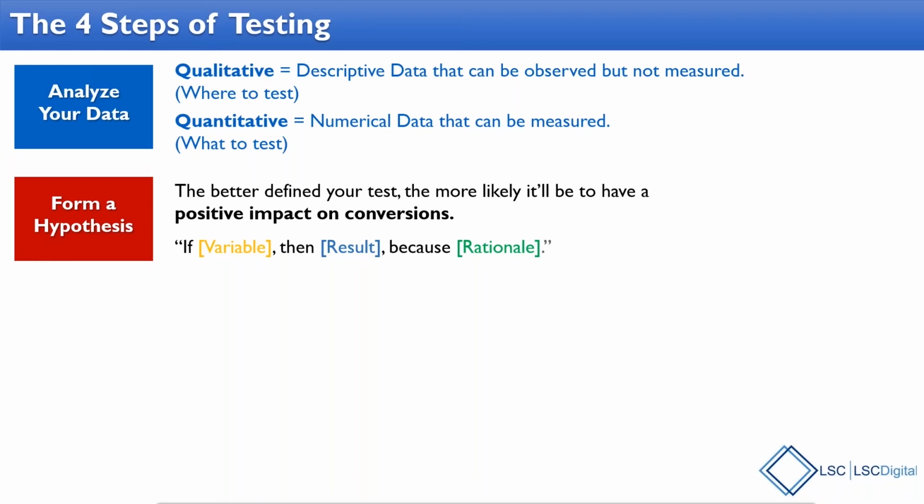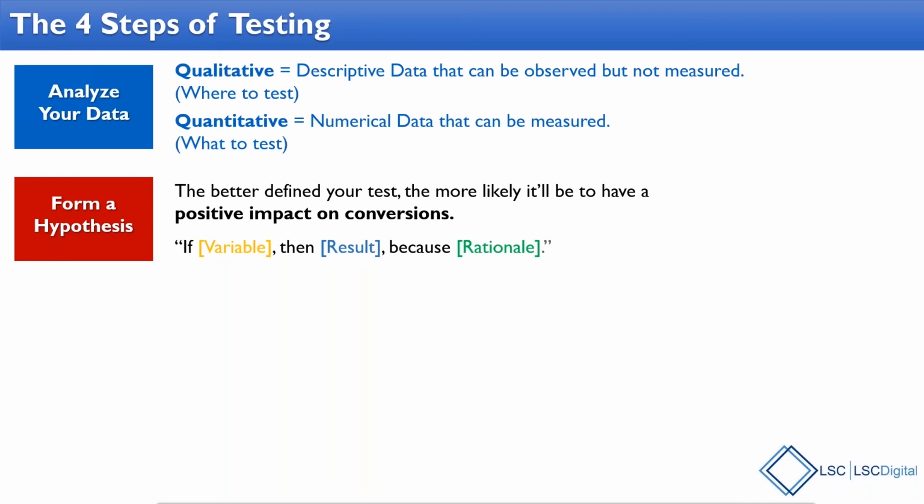It is so important to take a step back, form a hypothesis, and also document it. Ask yourself, if we test this subject line, we expect to get a 15% open rate, and this is why. Write it down.